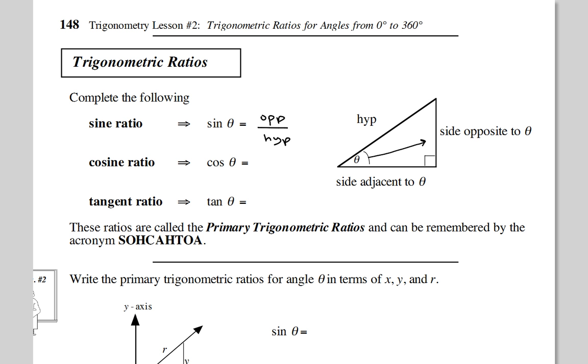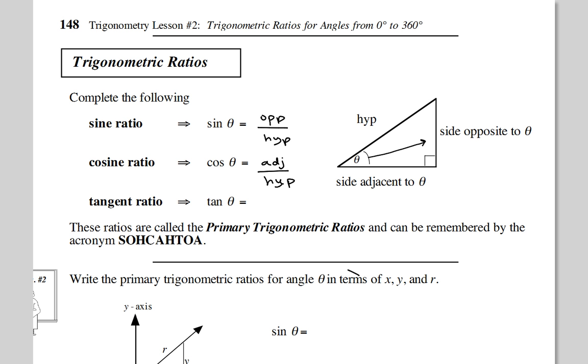So if you want to talk about the sine of an angle, it's going to be equivalent to a ratio of the sides. The opposite divided by the hypotenuse. The companion to sine, that's why they call it cosine, is the adjacent divided by the hypotenuse. So sine and cosine, they're brother and sister, and they both use the hypotenuse.